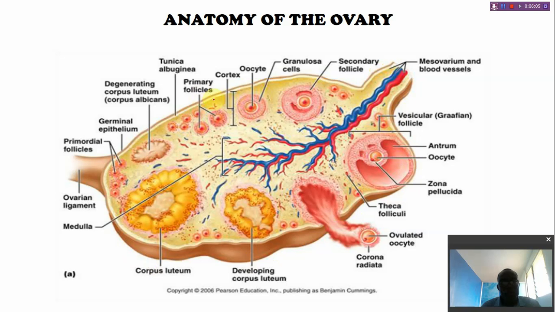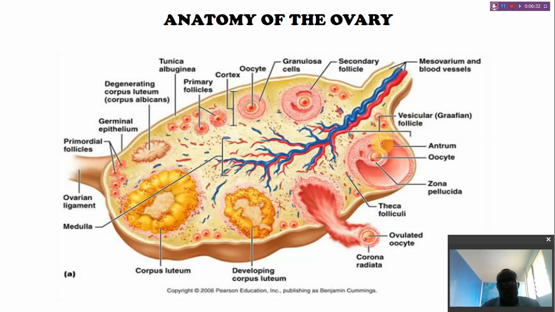The next is the secondary follicle or the degenerative corpus luteum. So these are the primary follicles, which are mostly found at the cortex. From there you go to the secondary follicle, then continue to the vesicular or the Graafian follicle. The Graafian follicle is the dominant follicle.